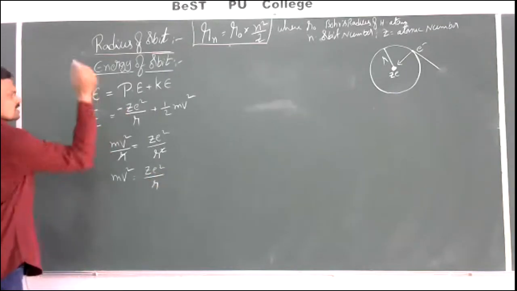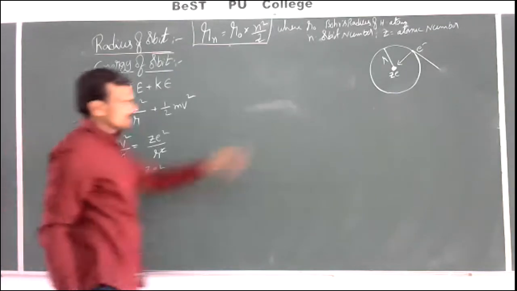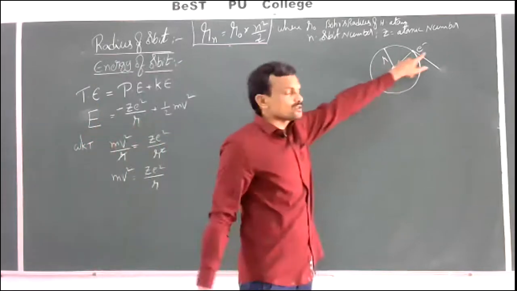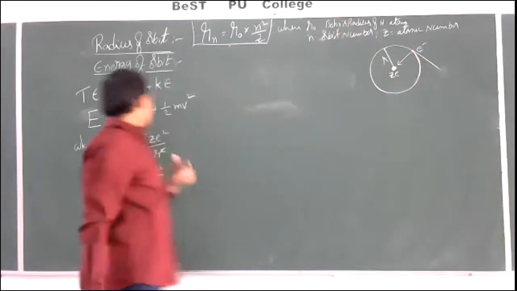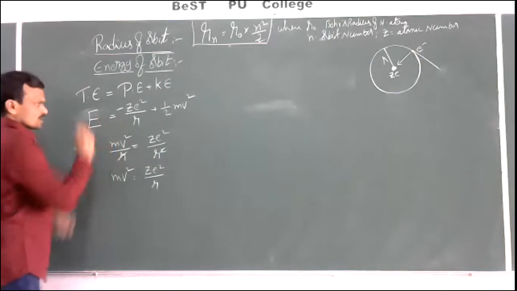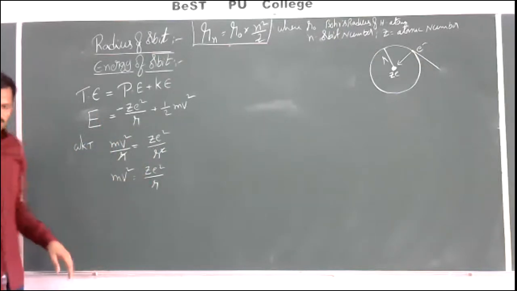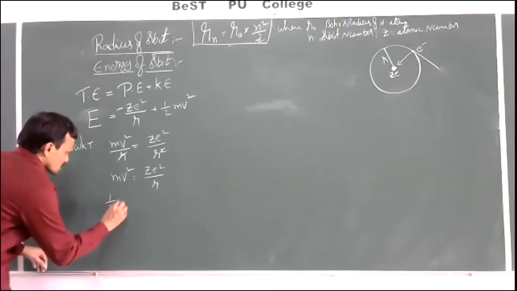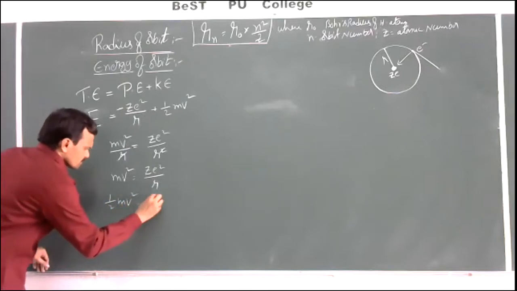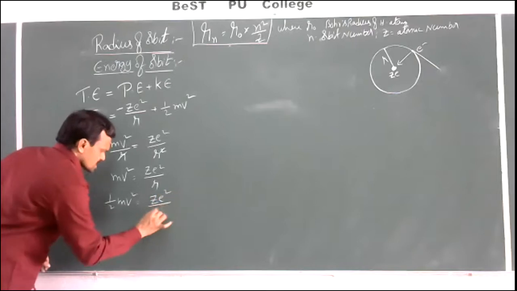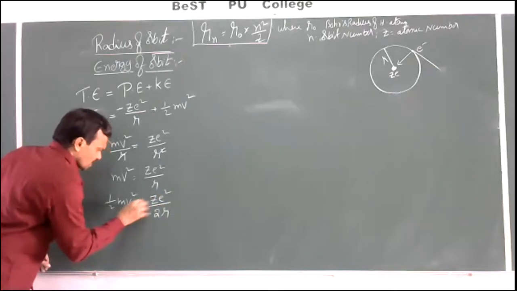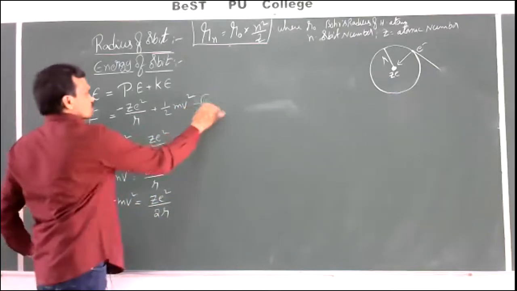The potential energy is minus Ze square by r, because Ze is the nucleus charge and the electron charge is minus e. Then mv square is equal to Ze square by r we got. Then half mv square is equal to Ze square by 2r. Now let it be equation 1.